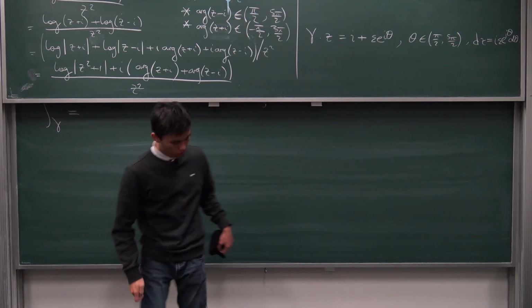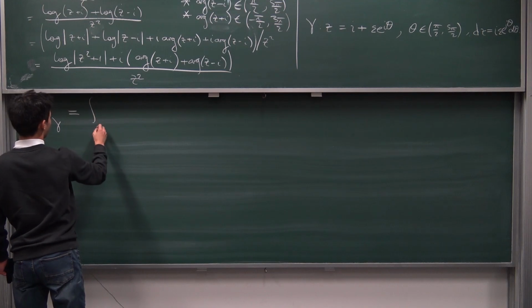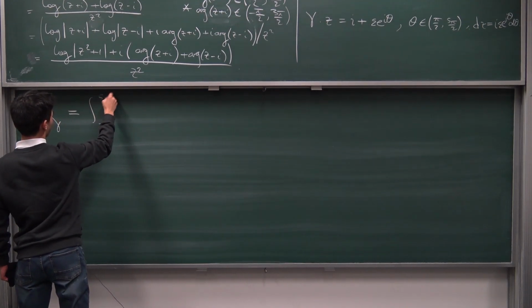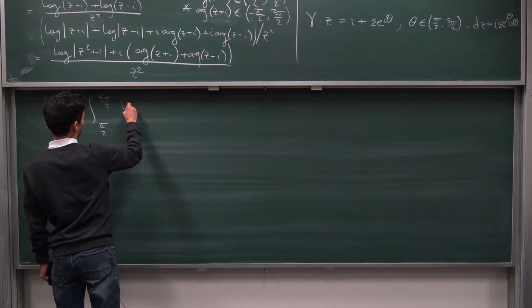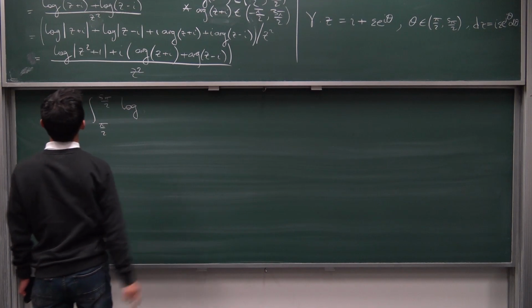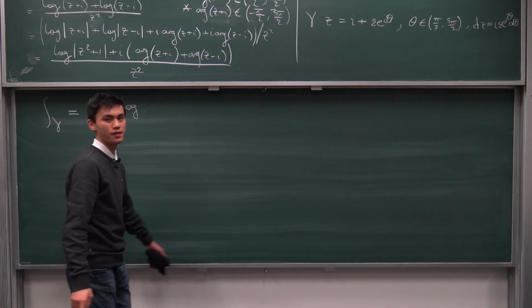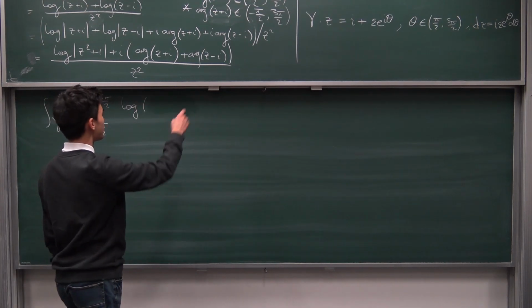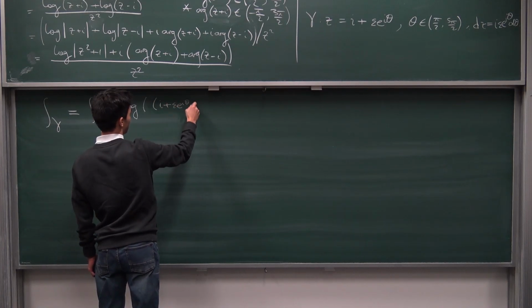So the integral over gamma, what exactly is that going to be? We're going to have the integral from pi on 2 all the way up to 5 pi on 2. We put in our function, so that's going to be a logarithm. We usually have z squared plus 1, but instead of z we have i plus epsilon e to the i theta.